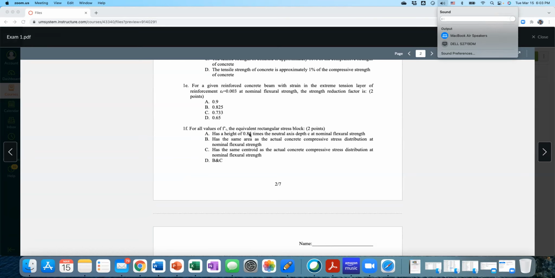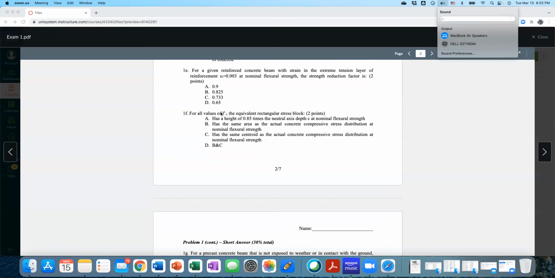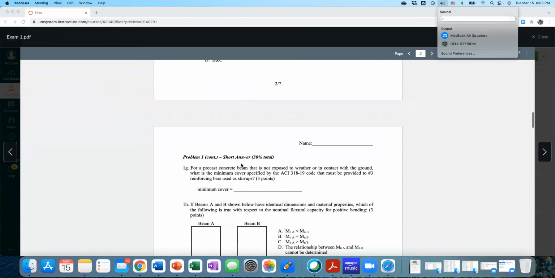Beta 1 is dependent on f'c, right? B has the same area as the actual concrete compressive stress distribution at nominal flexural strength, right? C has the same centroid as the actual compressive stress distribution at nominal flexural strength, right? Because that's the equivalency we're talking about, right? So A is out, B and C, so naturally D here, right?